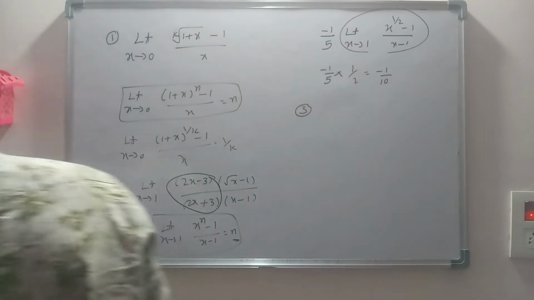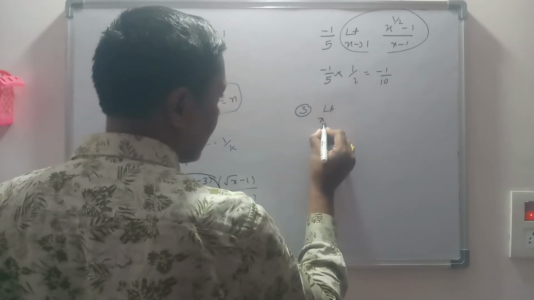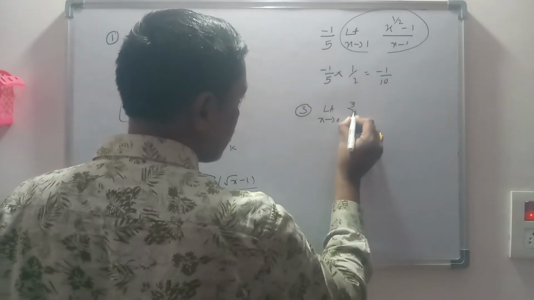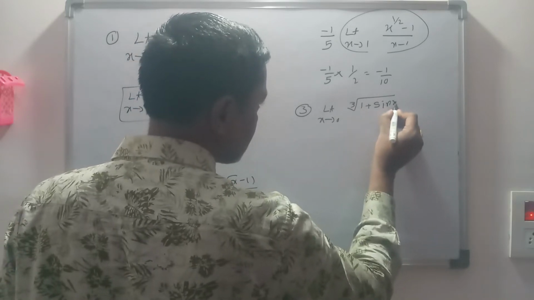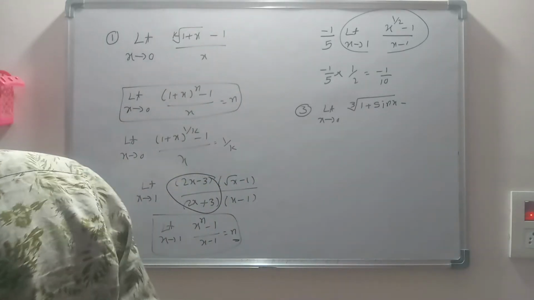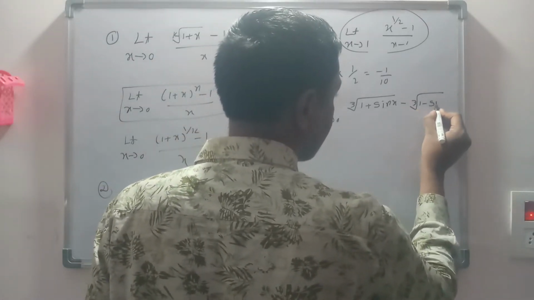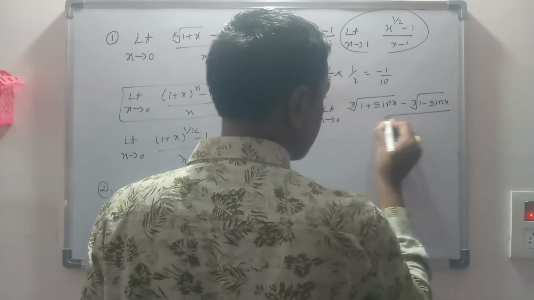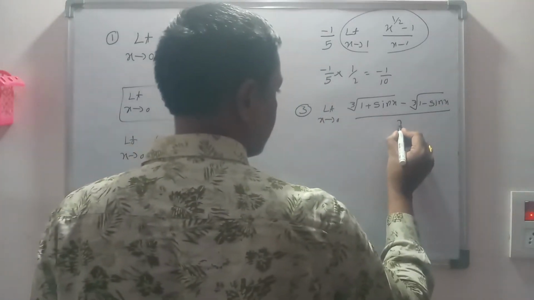Third one. Limit x tends to 0, cube root of 1 plus sin x minus cube root of 1 minus sin x by x.